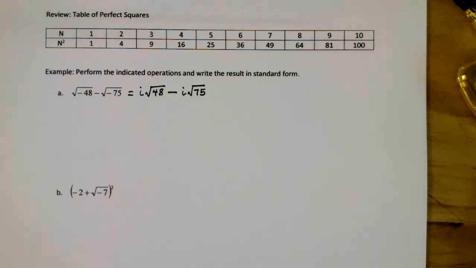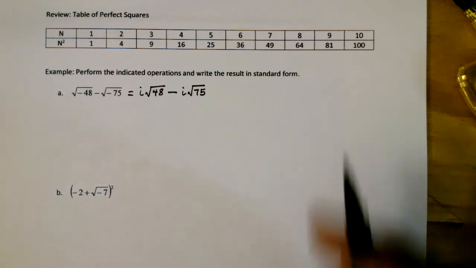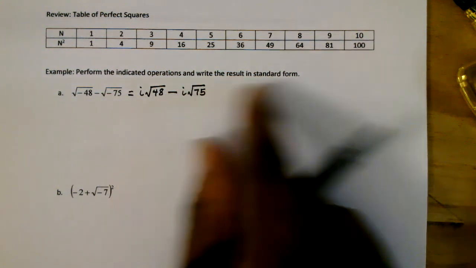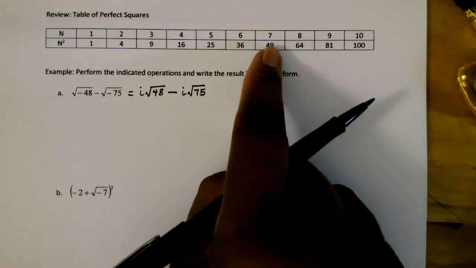All right. Now, as you can see, underneath the radical, the 48 and the 75 are not perfect squares. You're not going to find them in this table. However, we can find the largest perfect square that can go into each one of these. Like the square root of 48, I need to find the largest perfect square.